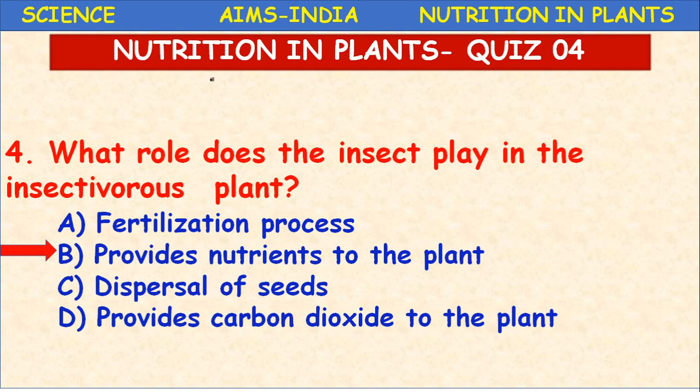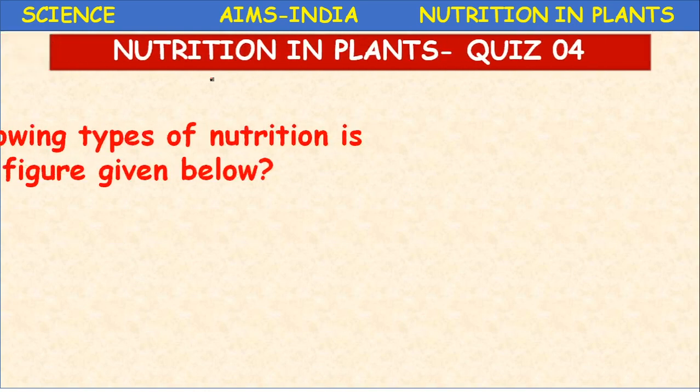So the sap present in the insects is absorbed by the plant. They digest that insect and absorb the nutrient. So the proteins containing nitrogen are useful for the plant for synthesizing proteins again. Okay. Next question.